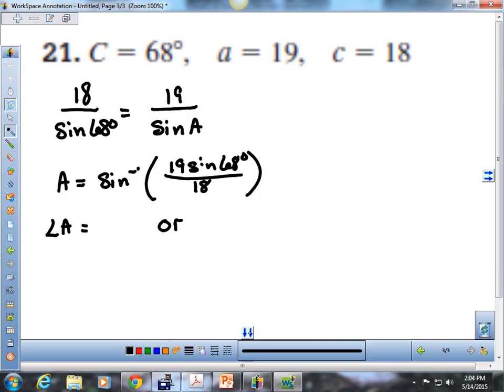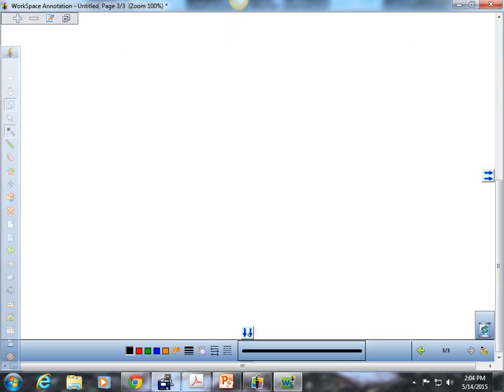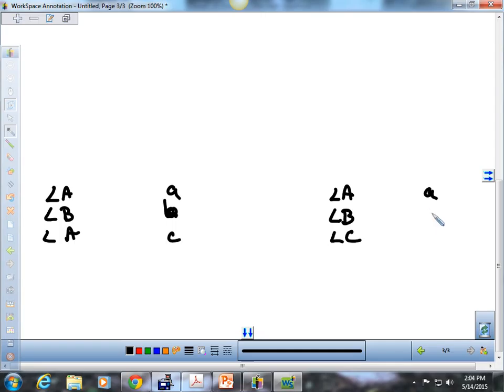Okay, so ultimately down here, end game, we're going to have angle A, angle B, angle C, side A, side B, side C for one triangle. And then we're going to have angle A, angle B, angle C, side A, side B, side C for a second set, right?